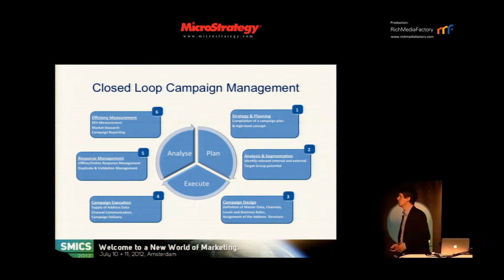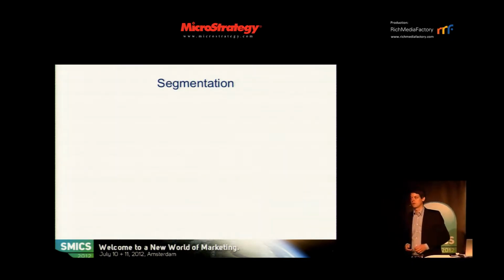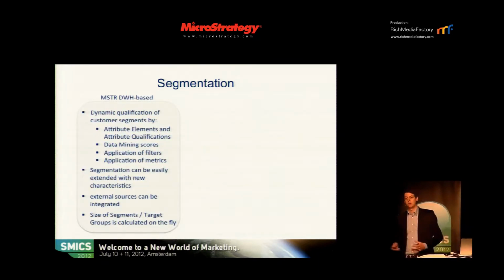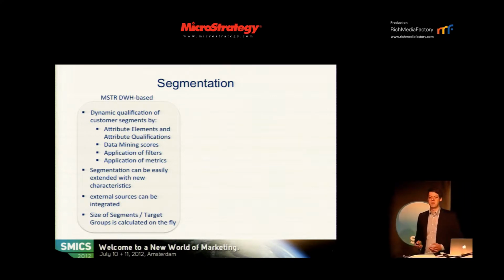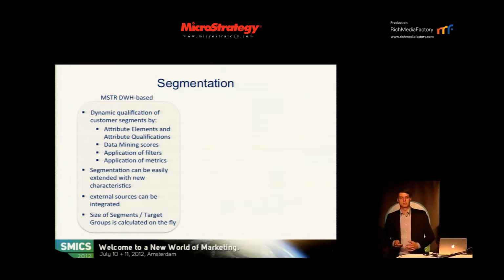I have 2 other slides focusing on the main points from my perspective. These are the segmentation on the first hand. In the classic campaign management, you have your data warehouse where you have all your customer CRM data. You maybe have your buying data. You have some scores from data mining, maybe churn probability or something like that.